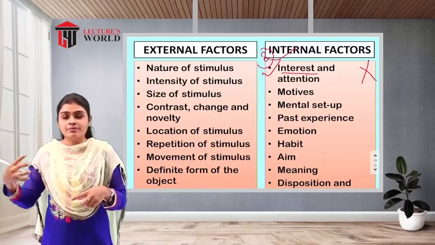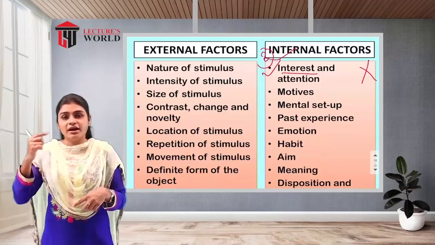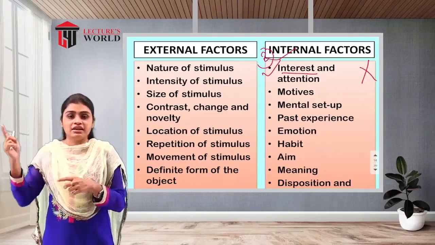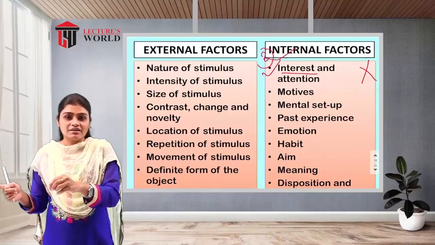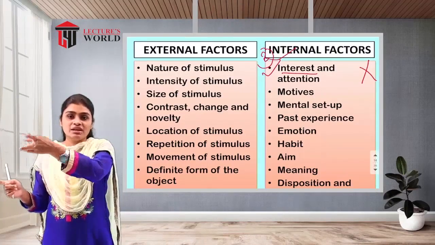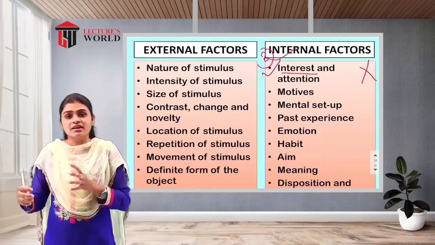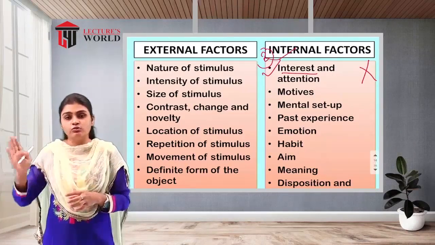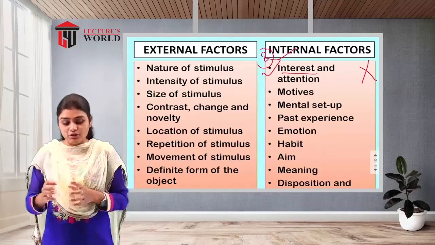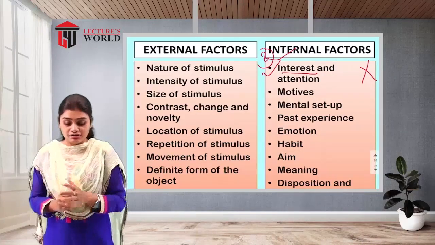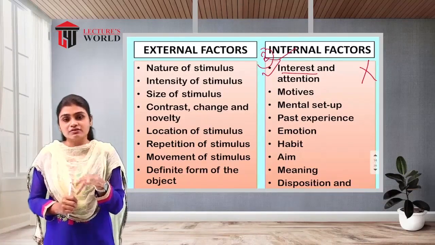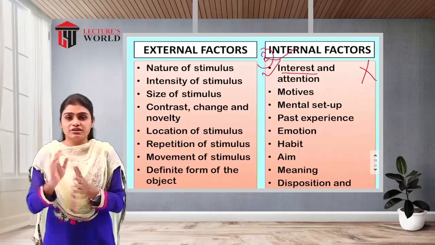For an example, I am passing on the road and my interest is in cricket compared to basketball, and both games are being played by the children. I am going to give my attention towards the cricket game because I am interested in it. So interest also matters for human beings when they are focusing on something.